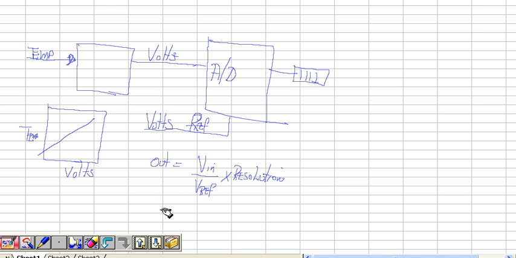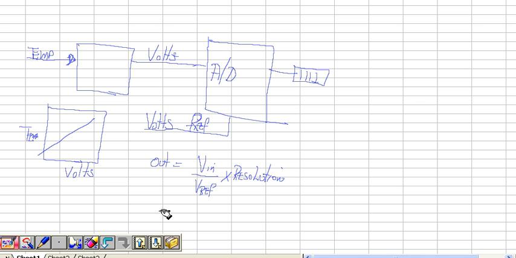Now the resolution of A to Ds is normally spec'd in the number of bits it can resolve. And some of the typical resolutions of A to Ds are 8 bits, 10 bits, 16 bits, or 24 bits.